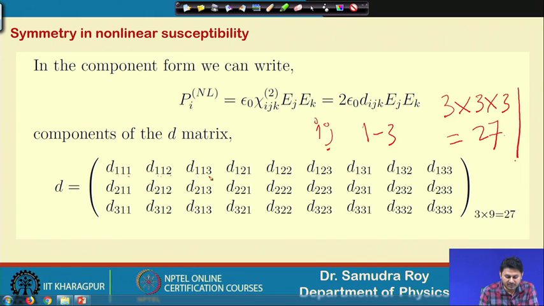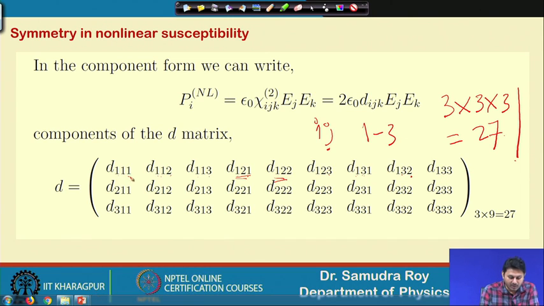So, this is 1 1 3, then for d I have 1 2 1, 1 2 2, that means I am fixing i and j at 1 and 2 and then changing the last one, 1 2 3, then 1 3 1, 1 3 2, 1 3 3.